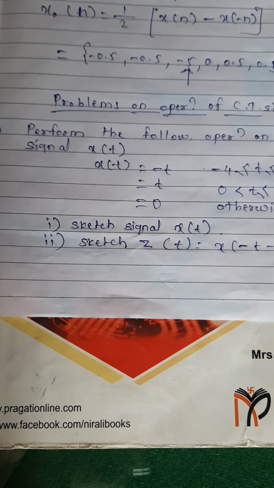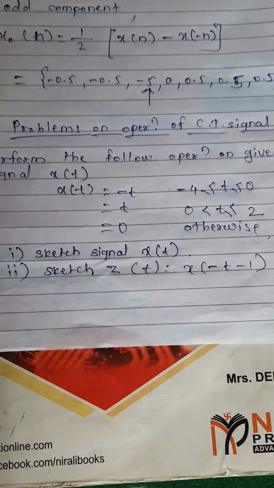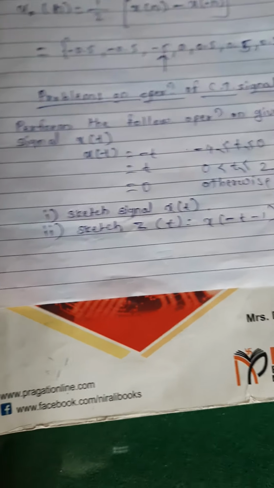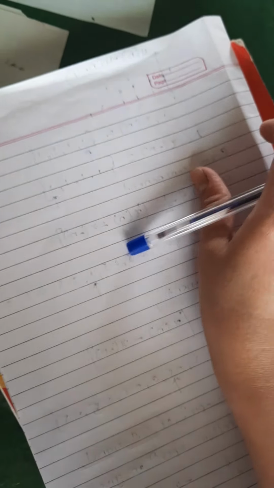So the ramp signal t is from 0 to 2 and the folded ramp minus t is from minus 4 to 0. So we draw this signal.